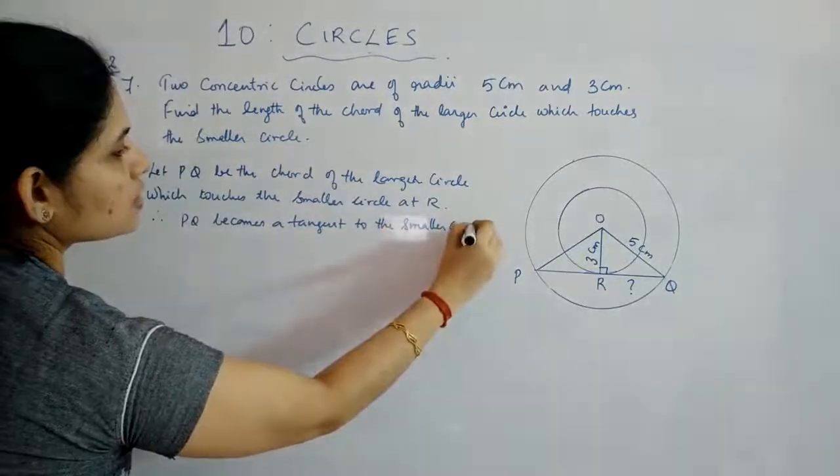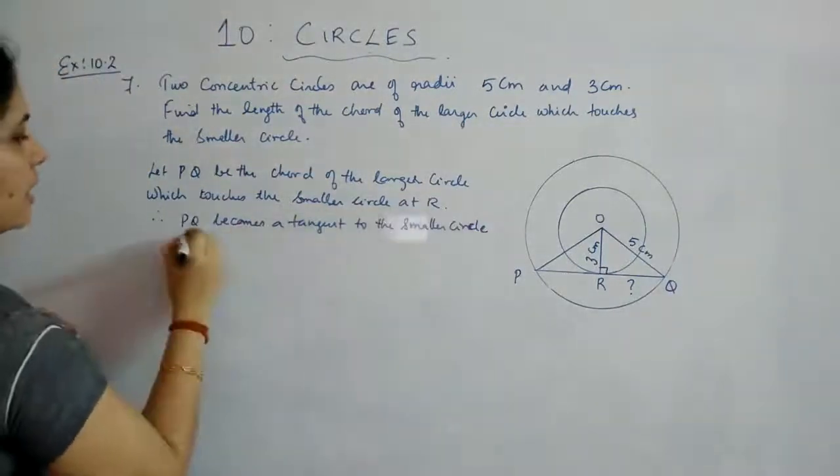Okay, to the smaller circle, this PQ is acting as a tangent at R.